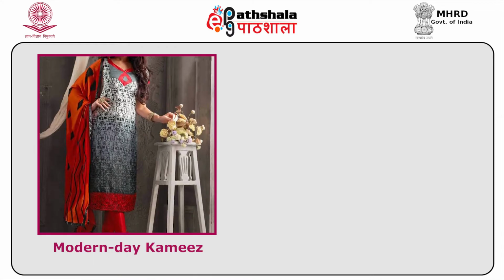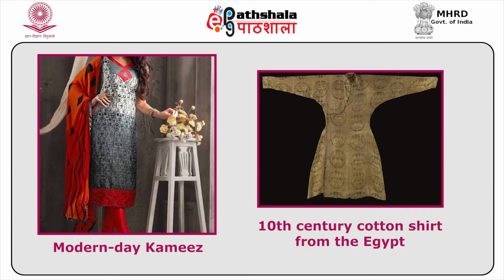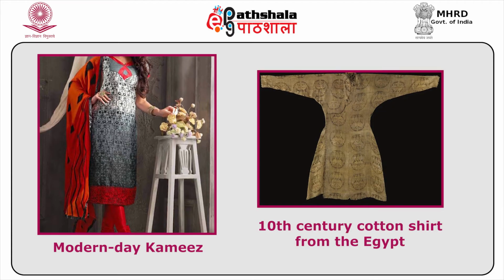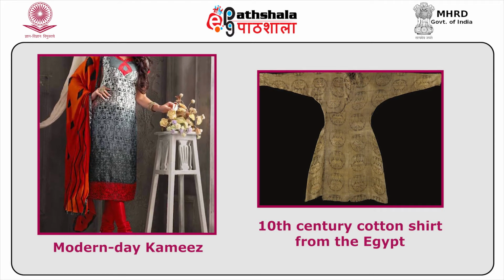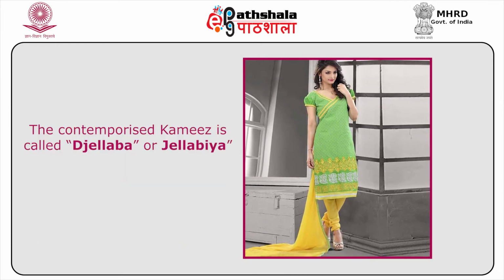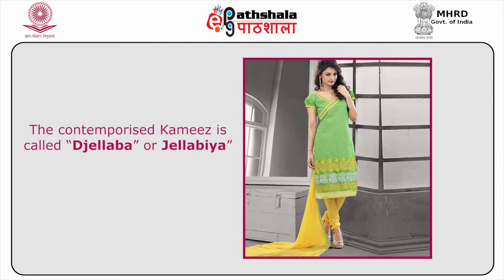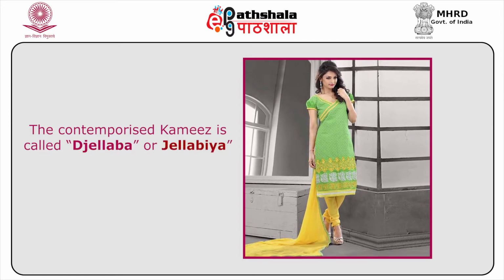The modern day kameez has a very close resemblance to the 10th century cotton shirt recovered from the Egyptian desert, dating back to the 10th century. The contemporarized kameez is called jalaba or jalabiya.